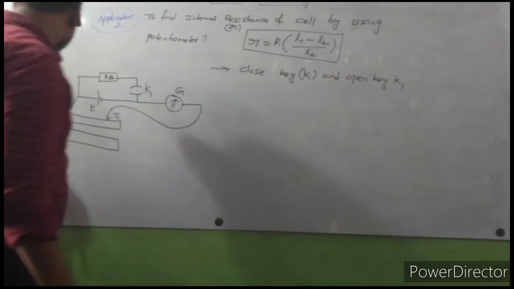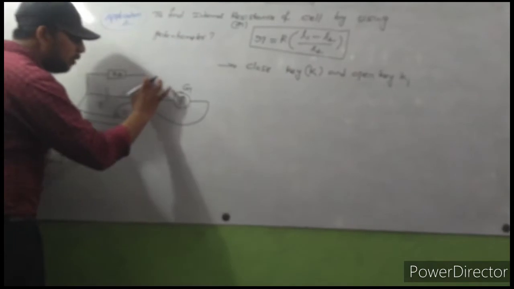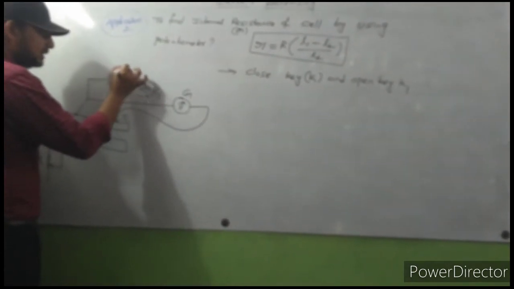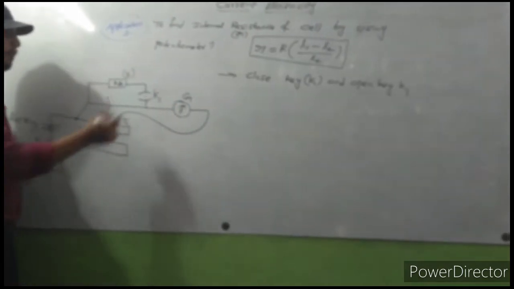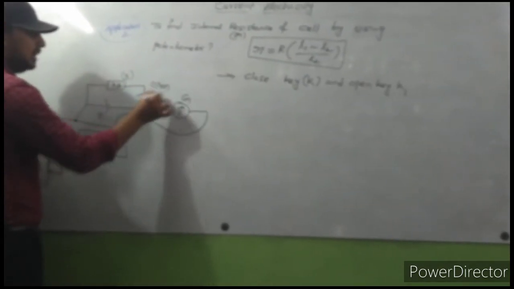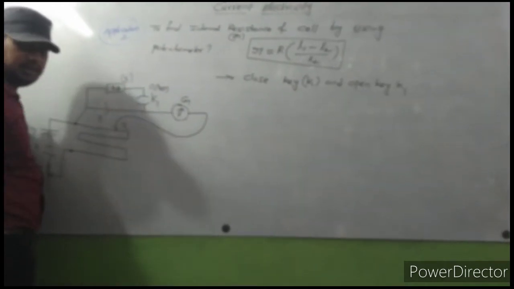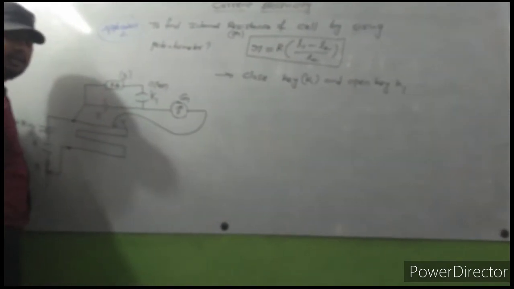What will happen now? If you open this K1, this cell is not working, this network, this wire is not working, because current is not passing through it. Only this EMF is working.